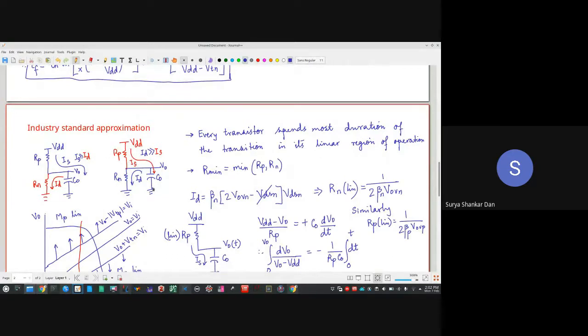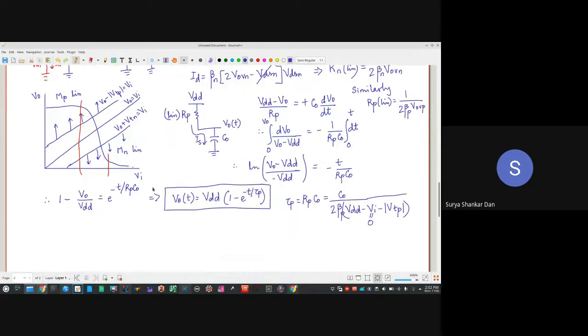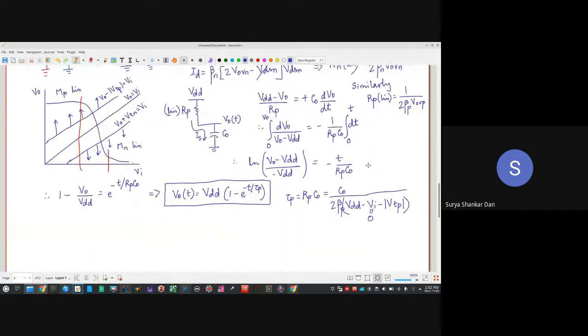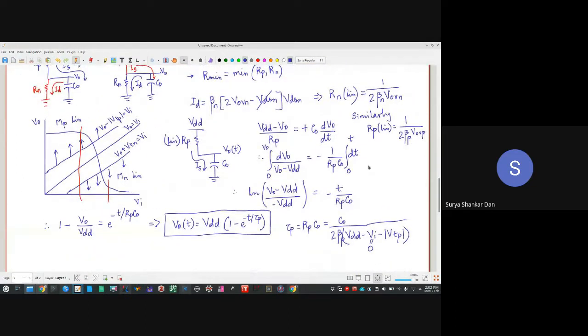Okay. But the question I'll be immediately asking is that since tau p, and I will be showing that tau n is exactly matching the expression for the tau n which we derived for the exactly accurate calculations. But what is important for us to understand is where the approximation is introducing the error.